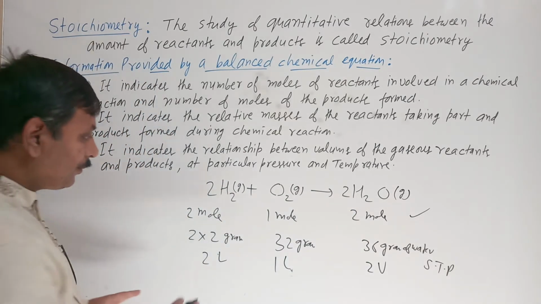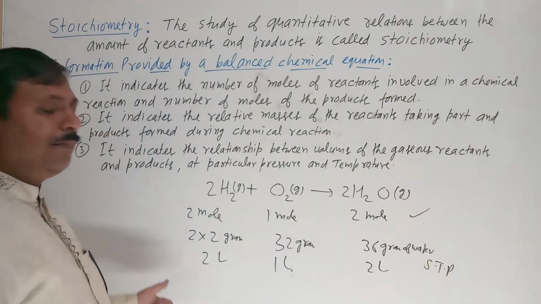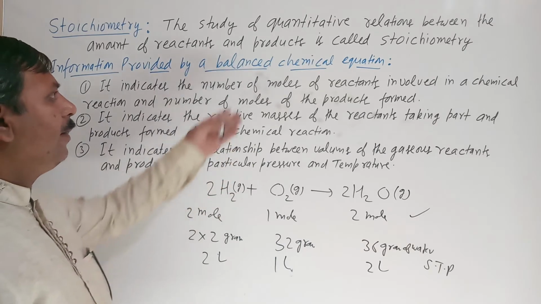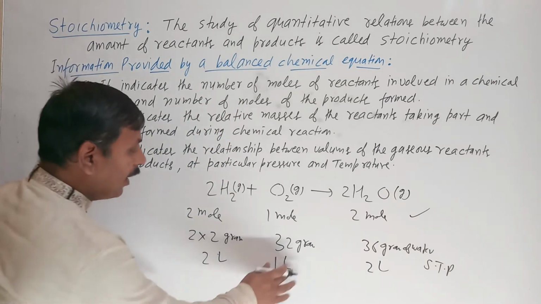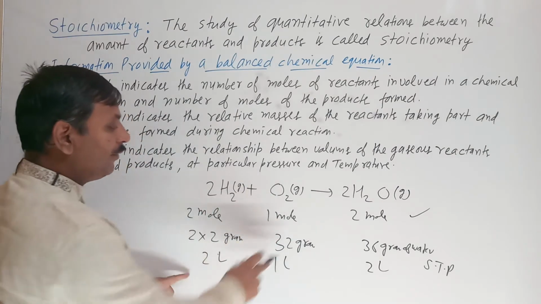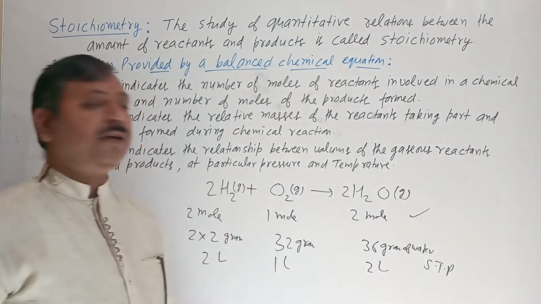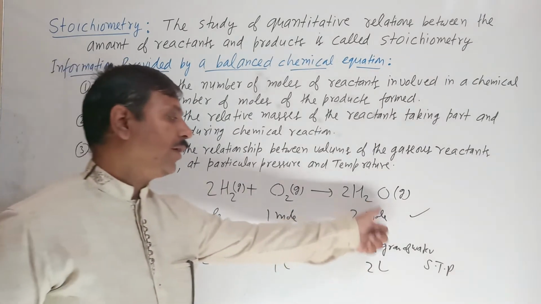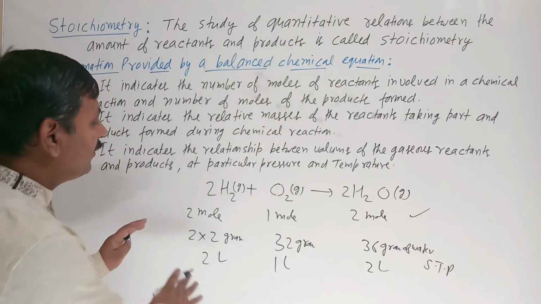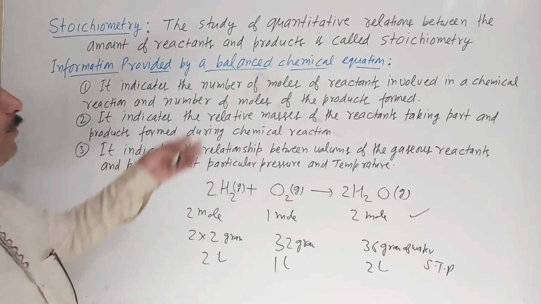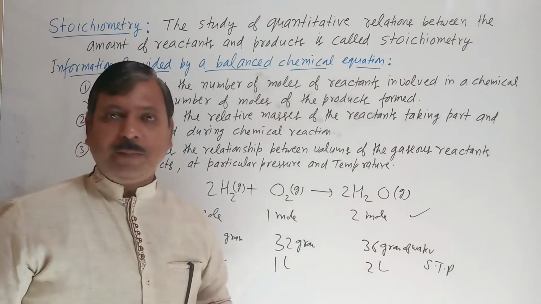No. This relation we are finding by the balanced chemical equation in stoichiometry. 2 liters of hydrogen react with 1 liter of oxygen and they form 2 liters of water vapor at STP. So there should be no confusion. This data we are getting from the balanced chemical equation in stoichiometry.